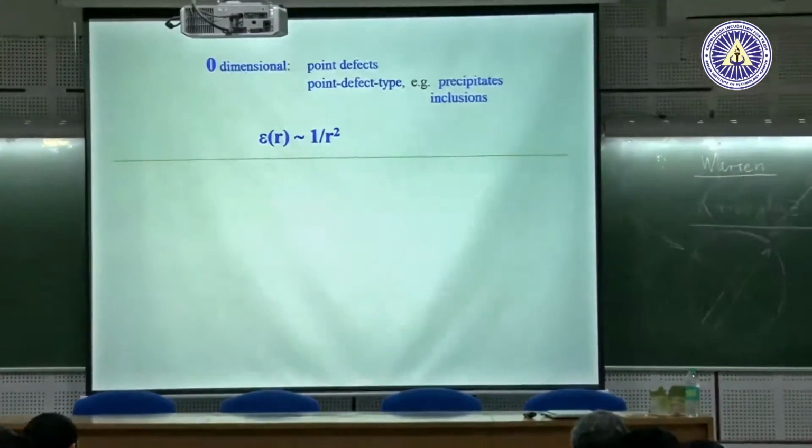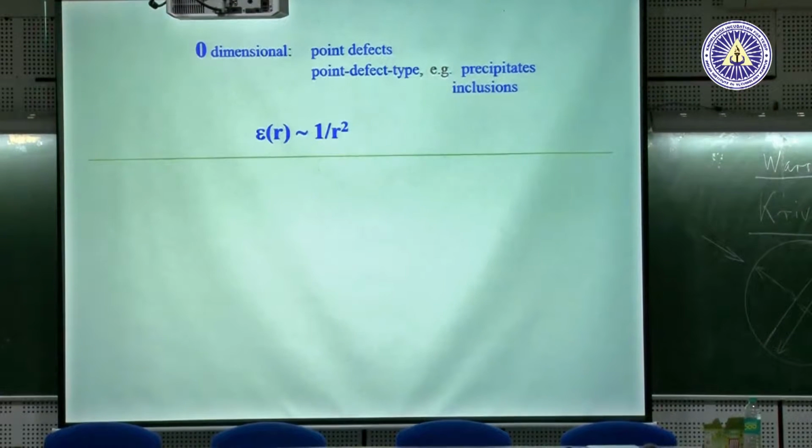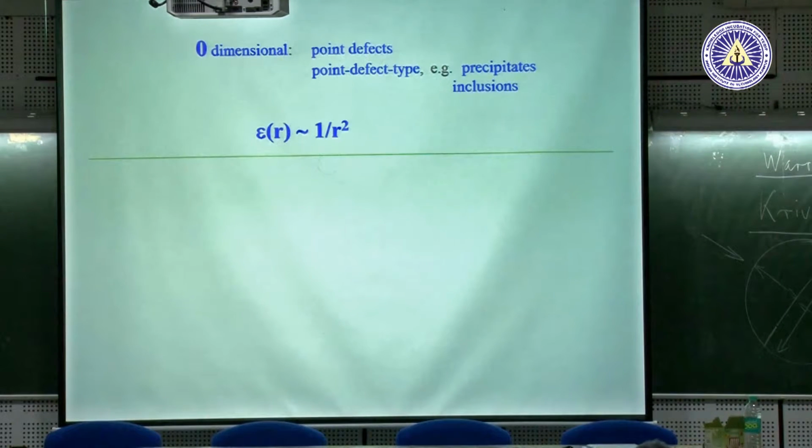So it is a kind of complicated size effect. Now, let's see the non-size type lattice defects. Just for dimensionality, you can categorize them into three types. Zero dimension are the point defects, or point-defect-like small precipitates.